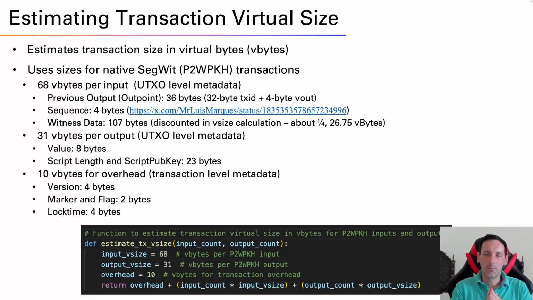Bytes and vbytes are referring to two different metrics: the size in bytes or the virtual size, as in vbytes. The size in bytes of a transaction refers to the raw byte length of the transaction's serialized format.